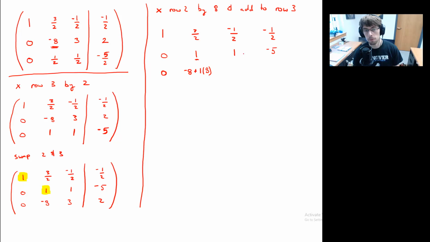For the 3, 3 position, I have a 3 plus 1 times 8. Right, I'm multiplying the second row by 8 and adding it to the third row. Last one, I have a 2, and I have to add to that negative 5 times 8.